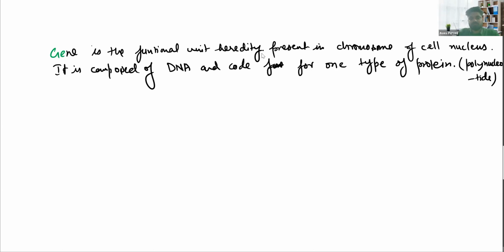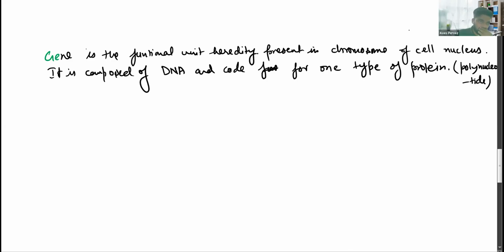Here we are talking about how genes have a special coding, and that coding helps the DNA instruct the ribosome to provide specific proteins.